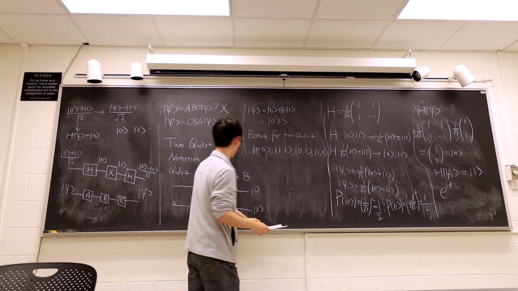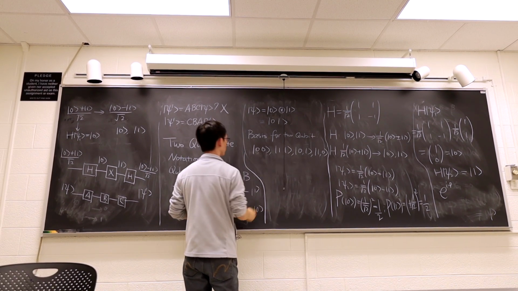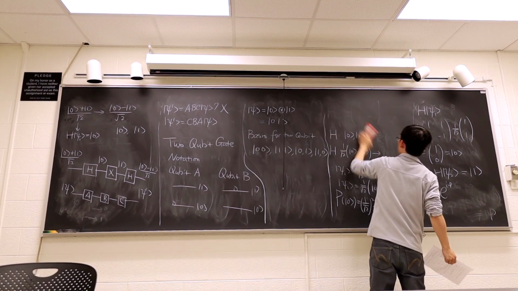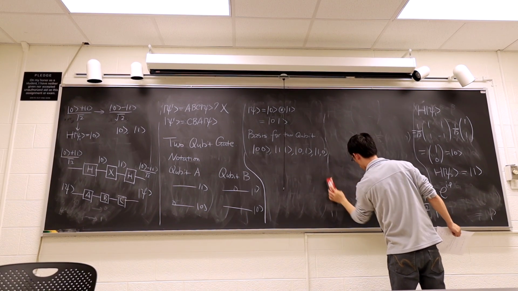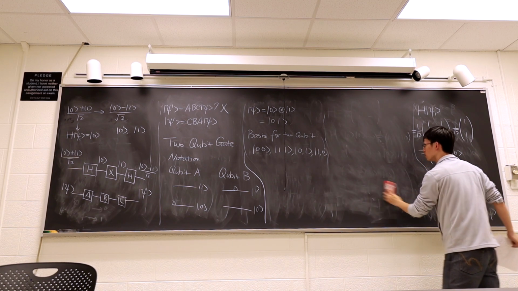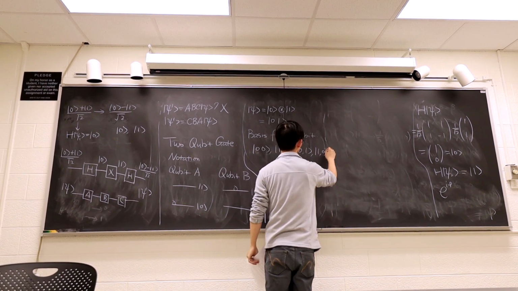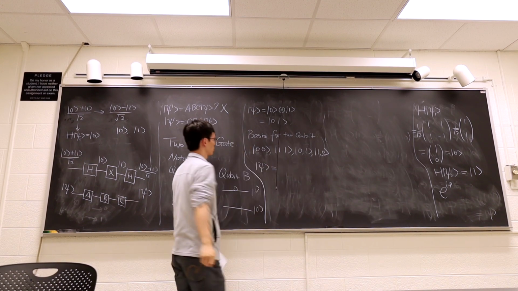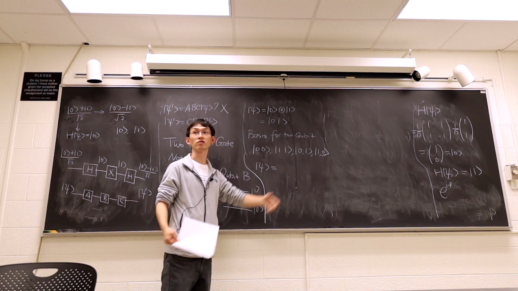So the way to express the state of your 2 qubits now is that you assign a coefficient to each one of them, and then they form a linear combination.